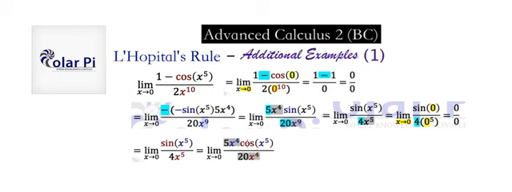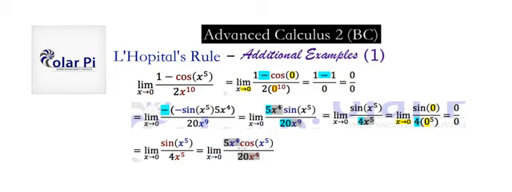And again, chain rule is how I've got this 5x to the 4th here, because the derivative of sine x to the 5th would be cosine x to the 5th times the derivative of x to the 5th, which is 5x to the 4th. And then divide by the derivative of the denominator, which was this here, so 5 times 4 is 20x to the 4th, again, power rule for derivatives, right?